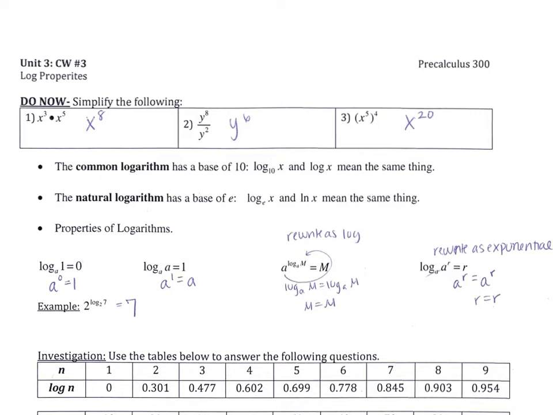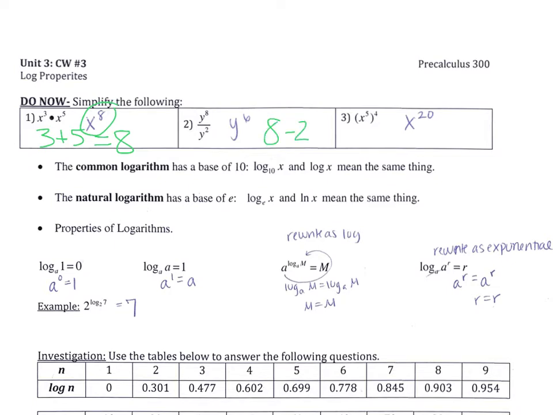So if you remember, when we are multiplying the same variable, you just add the exponents. So for number 1, we get 3 plus 5 equals 8, which is how we get x to the 8. And when you're dividing the same variable, you subtract the exponents.